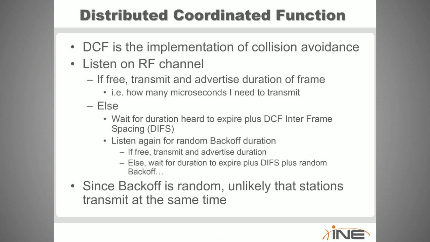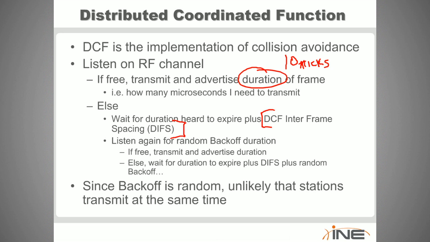Okay, so let's say that we listen onto the wire and we hear that someone else is transmitting. So we hear their frame and we figure out their duration. Let's say that this is 10 microseconds. They also sometimes call these ticks, so 10 ticks, or 10 time intervals. So we're going to wait for whatever that value is, plus an inter-frame spacing, which is called the Distributed Coordinated Function Interframe Spacing, or the DIFS.